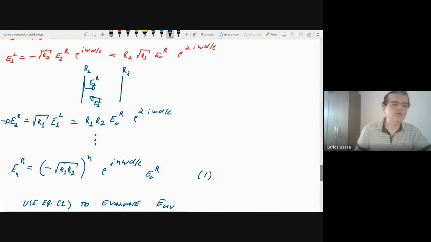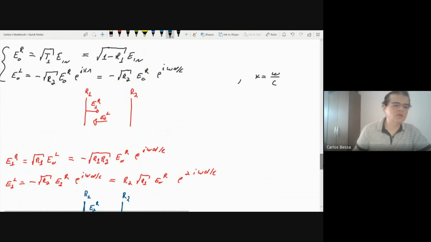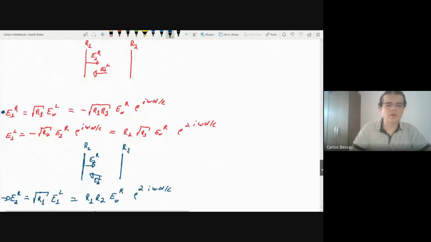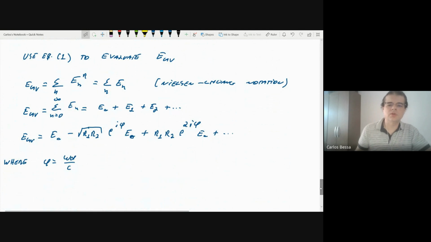Okay, so I'm using what I defined as right. That's the minus sign that appears in our series. So square root R1 R2 exponential of phi is the first in terms of E0. I'm not considering terms of En. So it's a sum in terms of E0.